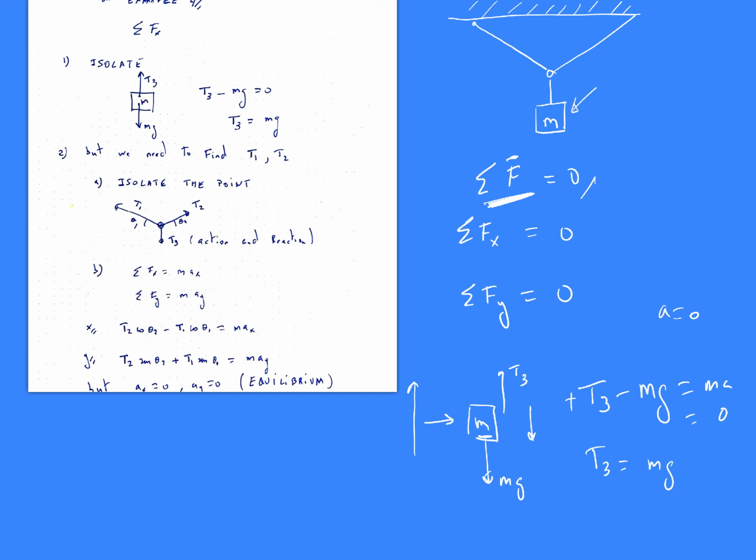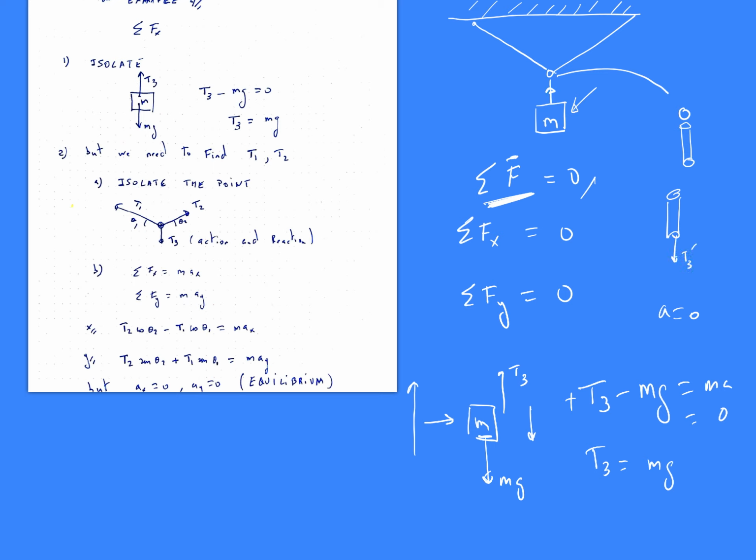Now comes the following part. T3 is the force that is acting here. What is the force on this point P? This is the rope. I have proved in the previous examples that on the rope, if T3 is the force that the rope is doing on the mass m, there is another force, T3 prime, going downwards.